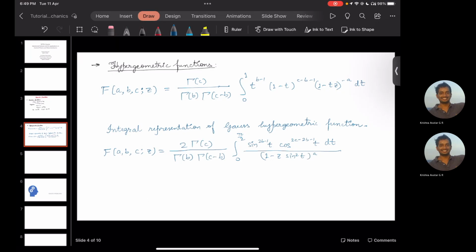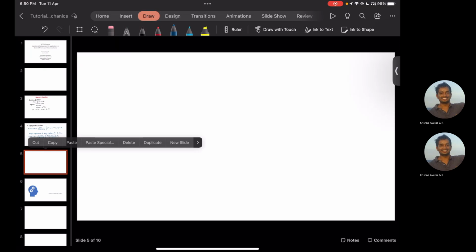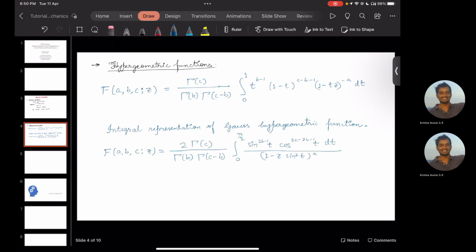We will be using this in some of our problems. And it won't be so tough to move from this form to the other form. We need to substitute s equal to sine squared t, and after some manipulations we can arrive at it, and we'll try to do this in one of our problems.